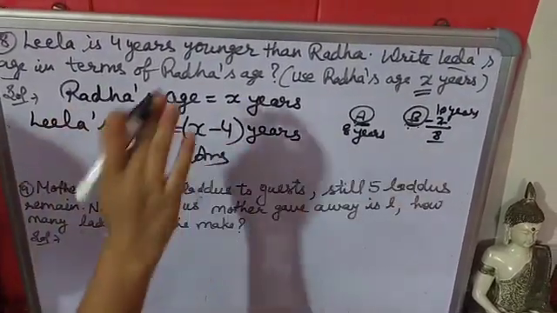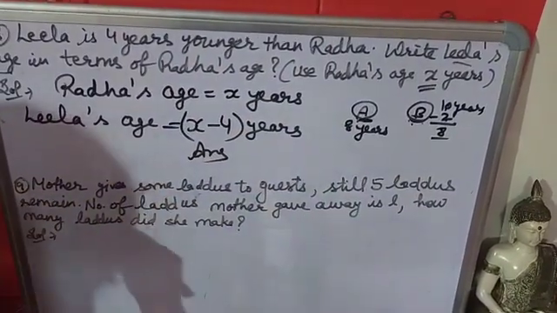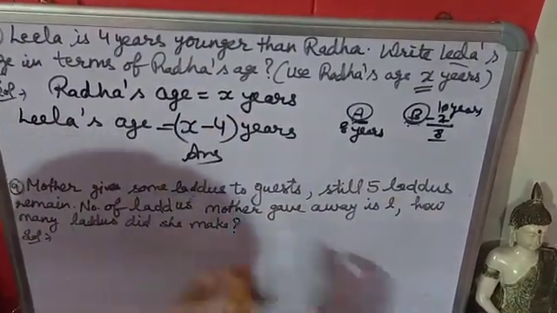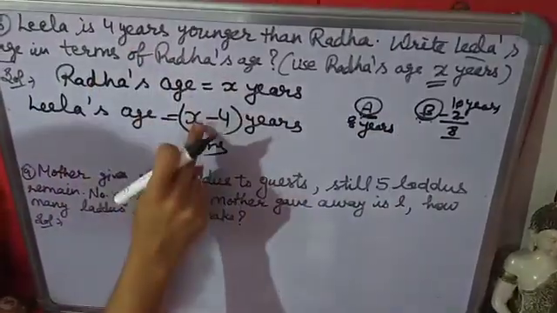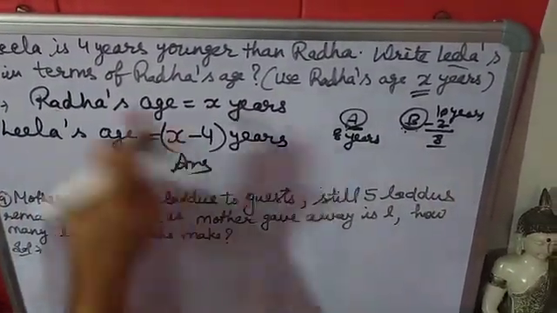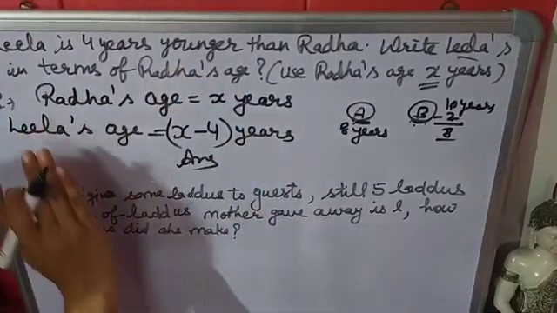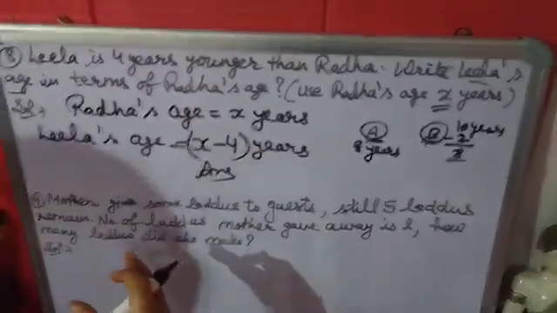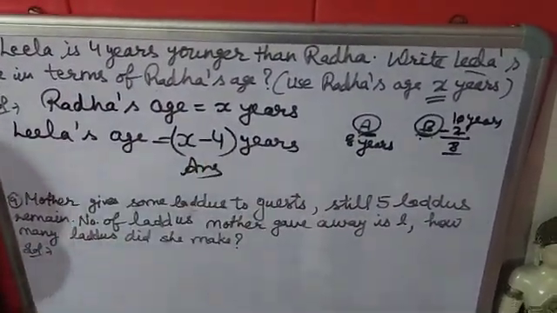If instead of younger there is written that Leela is 4 years bigger than Radha, then for bigger we will add 4 क्योंकि वो बड़ी है, but he is saying she is 4 years younger, so for she is small, we will subtract 4 years.